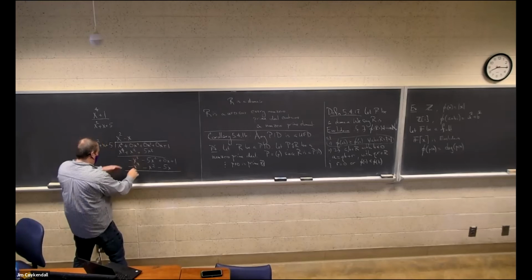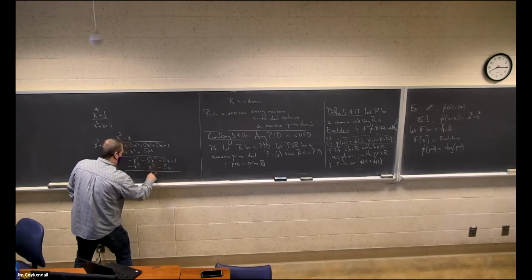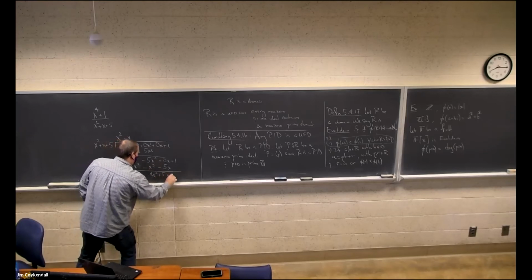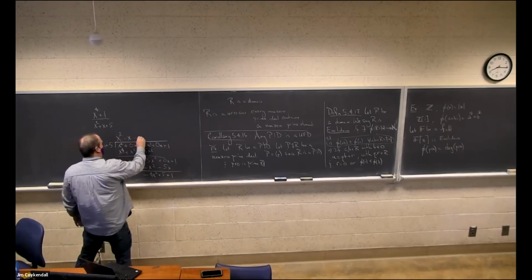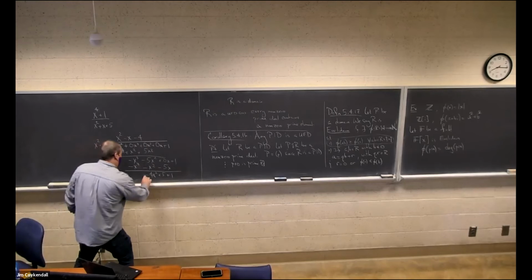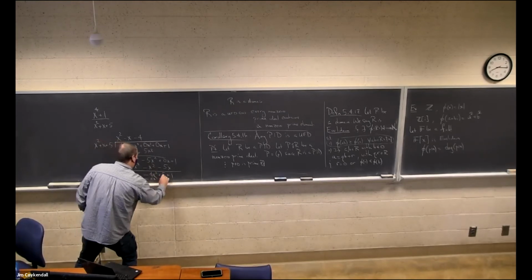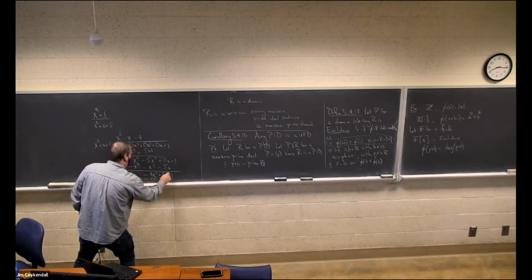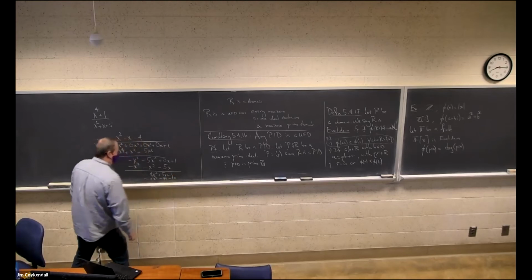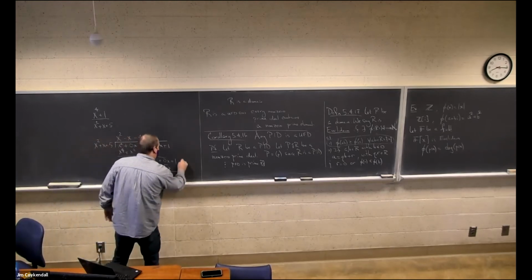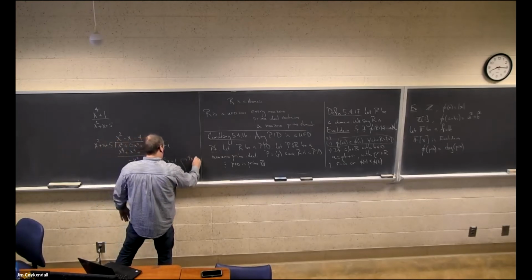Bang. Minus 4x squared plus 5x. And now it goes in again, negative 4 times. Minus 20. And if you subtract this off again, I get 9x plus 21, I guess.